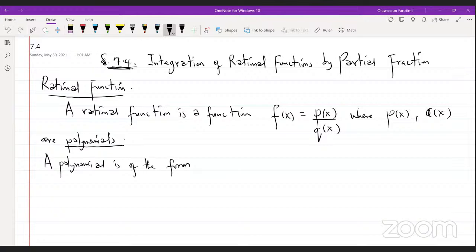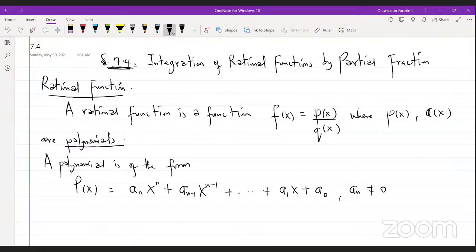In general, we write it like this: a_n x to the power of n, plus a_(n-1) x^(n-1), and of course you keep going, then you have a_1 x, then plus a_0. That a_0 is just a constant. And you have a_n not equal to 0.